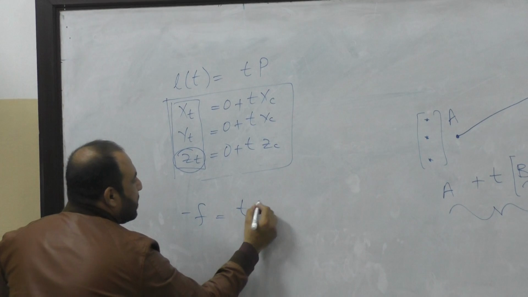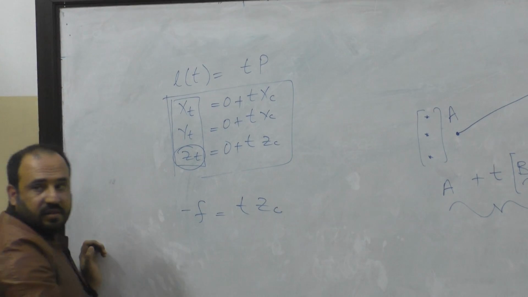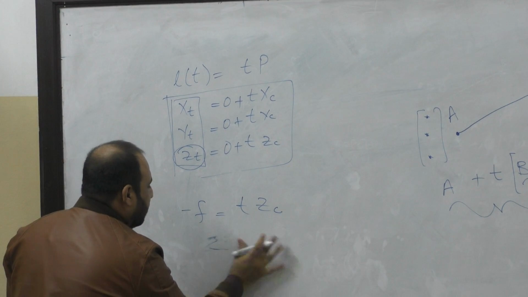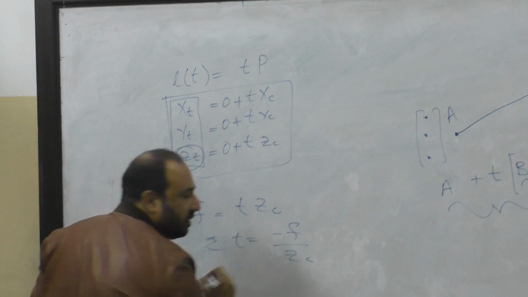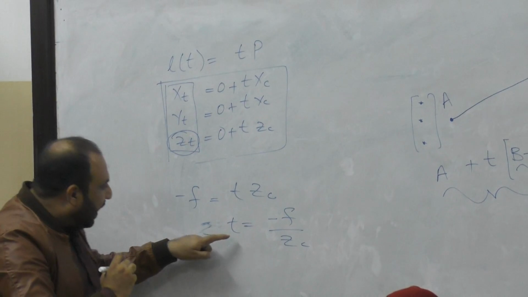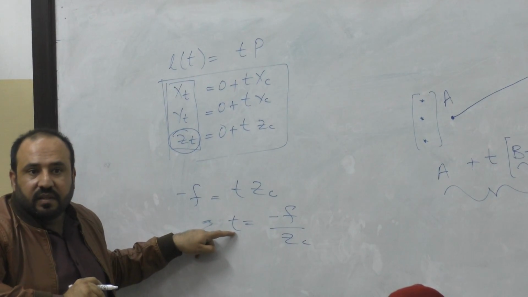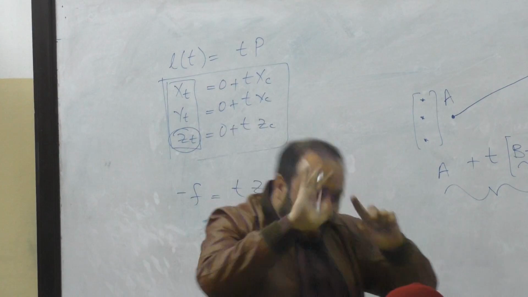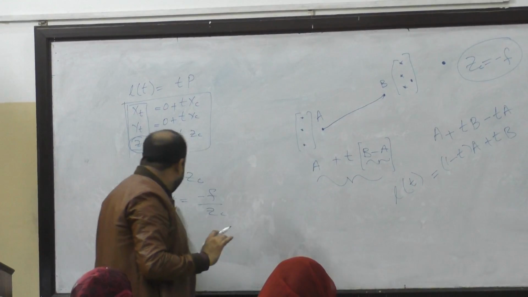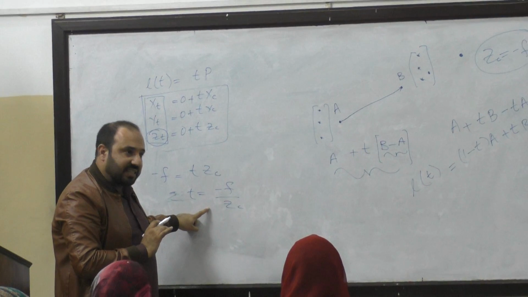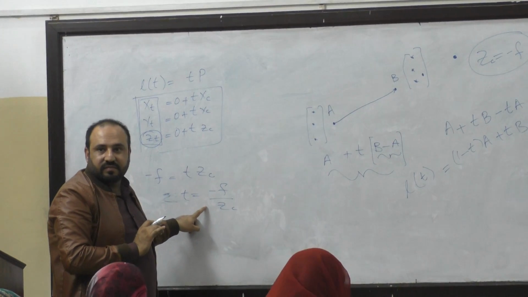Okay, so that means I want this number to become -f. Such a t is required, and that t is -f over zc. If I choose this t, obviously if I choose any t, I'm on the line, but with this t, at the same time I'm on the plane.